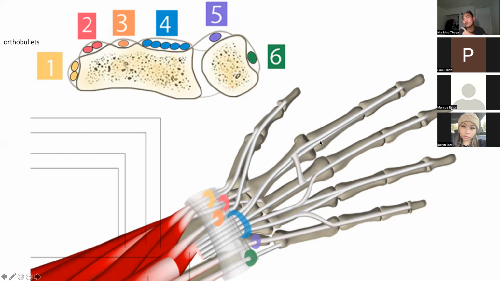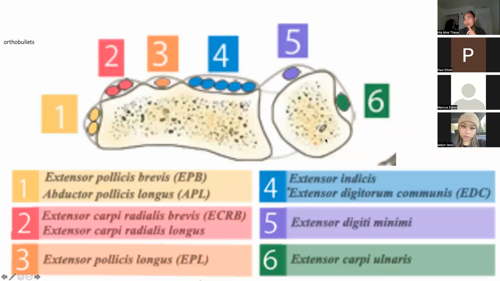Therefore, if you look at the digits here, you see only one tendon in the little finger, ring finger and middle finger. But in the index finger, we can see 2 tendons. It is because of the extensor indicis.